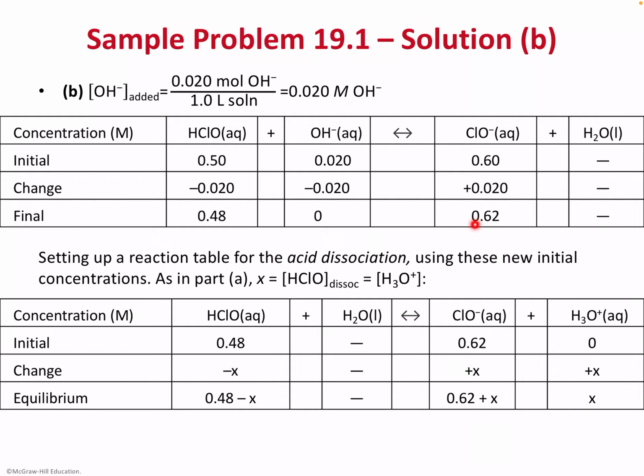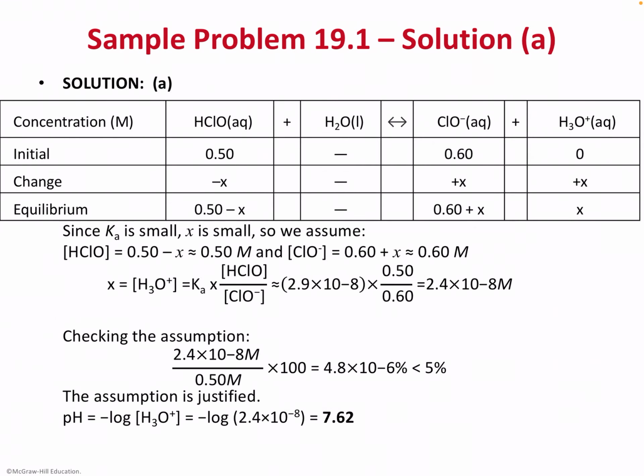After you do this part, you have to construct another ice table to find the hydronium ion. Remember, hydronium ion is given by this equation. Using the initial amounts that we calculated after adding hydroxide, you construct this table again.